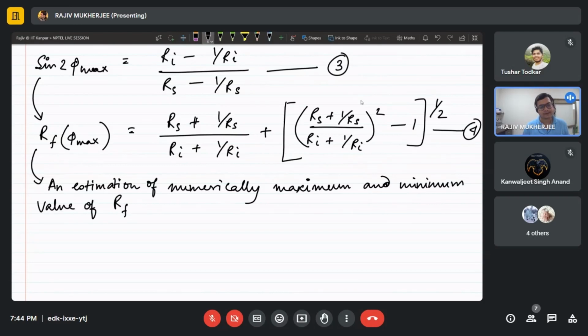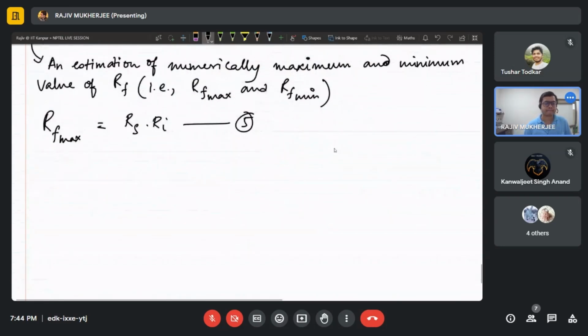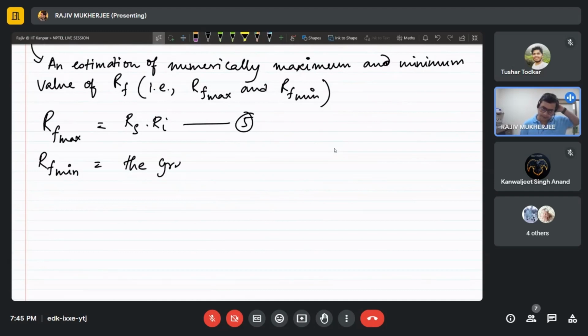such as RF max is expressed as the product of RS and RI, and RF min, or the minimum value, it can either be the greater value between RI by RS or RS by RI.